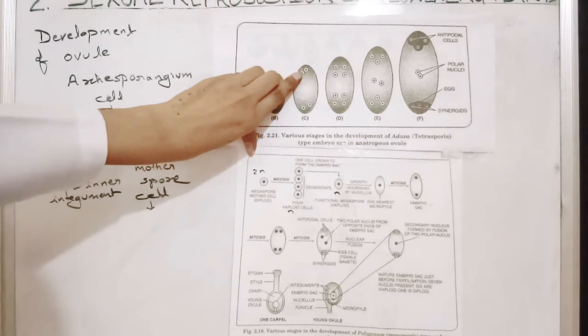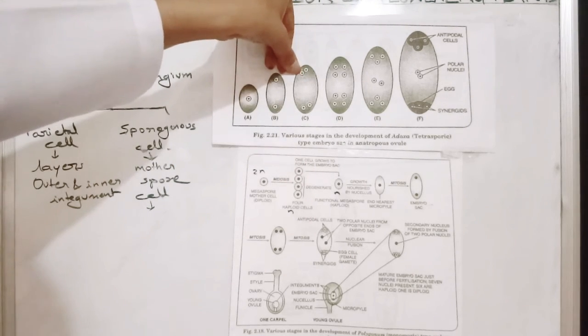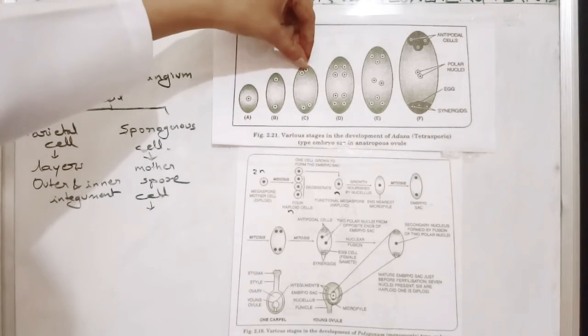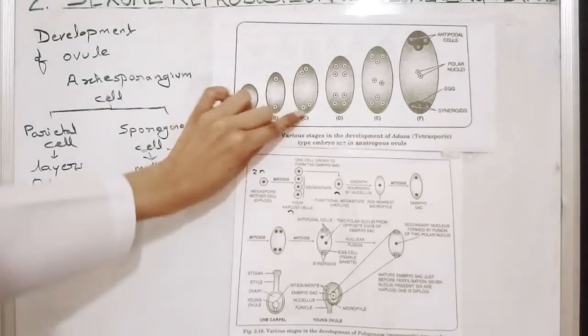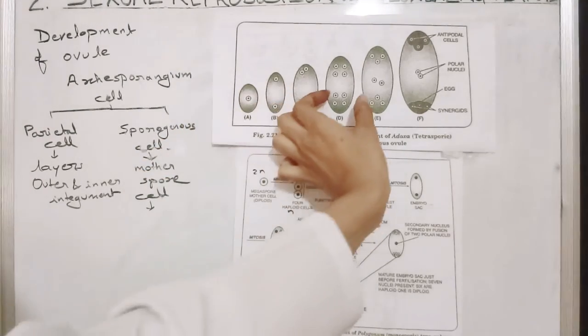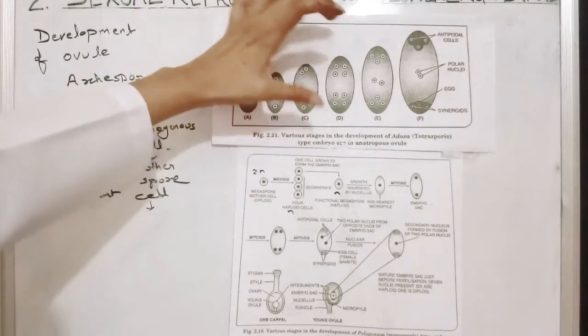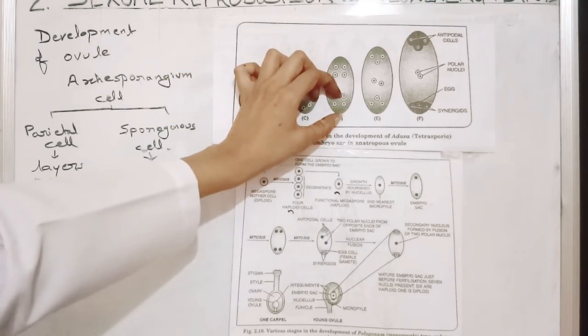You can also look at it in this diagram. Suppose this nucleus is divided and forms 2 nuclei, and these again divide into 2 nuclei. Again each nucleus divides into 2. Means 4 nuclei are here, 4 nuclei are here.